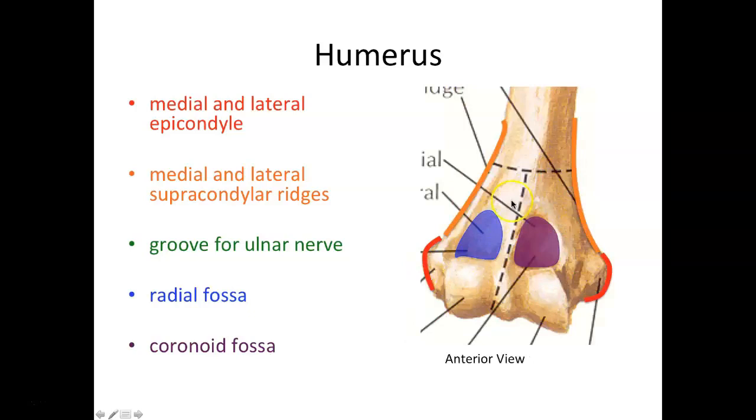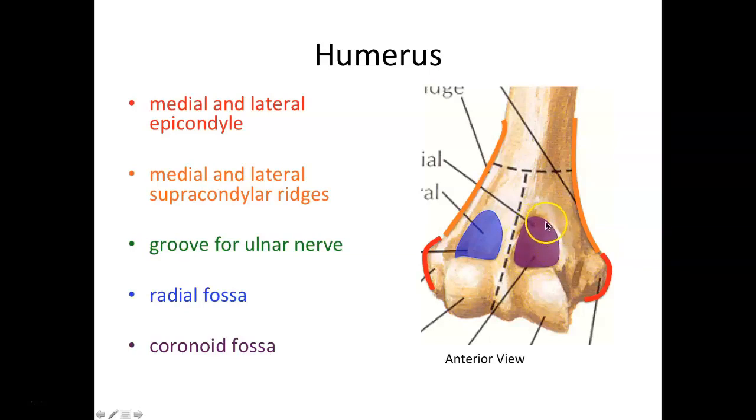Next, we have your radial fossa, and this is found on your lateral condyle. It's just a little depression, shallow depression, where the head of the radius is going to move into. And next to it on the medial condyle, we will have your coronoid fossa.